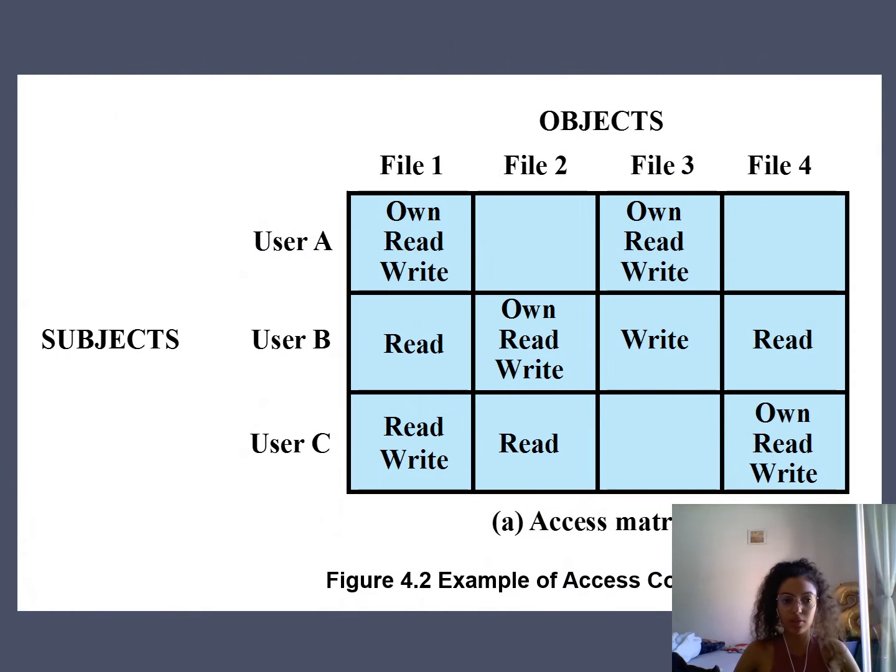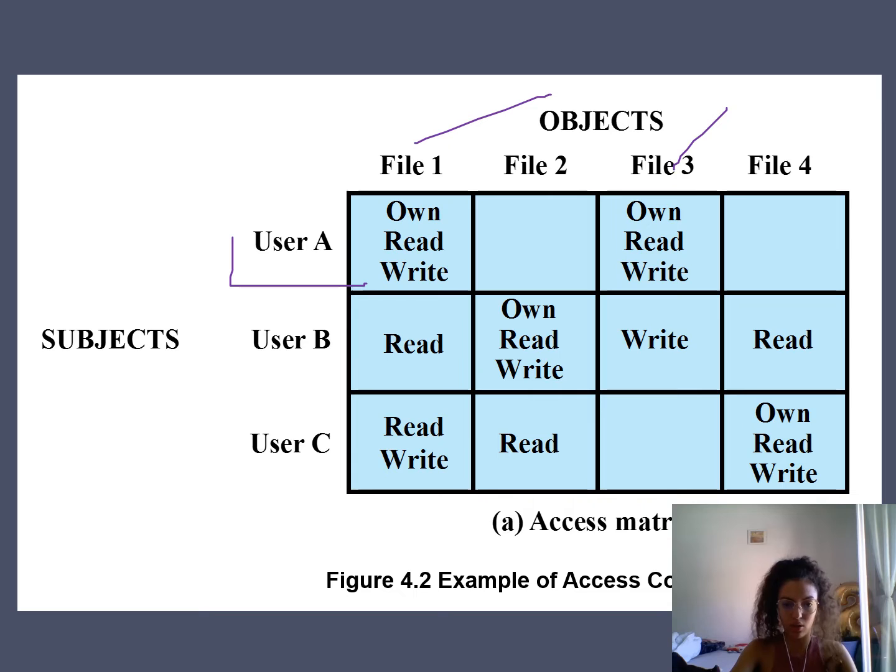So here we have a simple example of an access matrix. Thus, user A owns file 1 and 3.